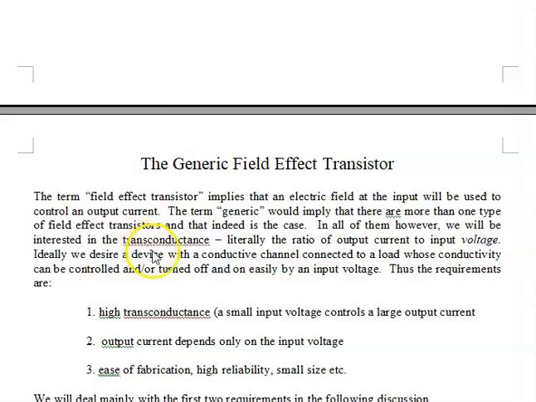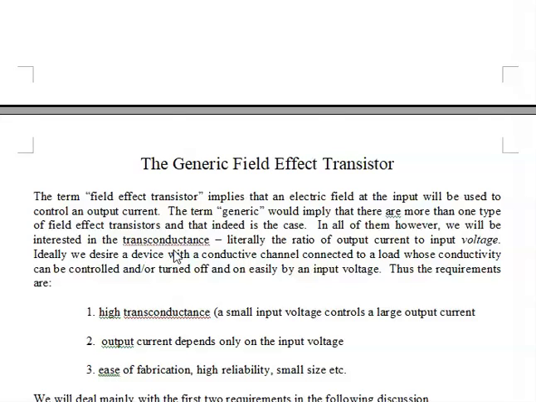Now, if you take this term apart, conductance is just the inverse of resistance. Go back to Ohm's law: the resistance is equal to the voltage divided by the current. The conductance is equal to the current divided by the voltage. Just flip it on its side. And transconductance implies that the current we're talking about is the output current, the IDS, the source to drain current, and the voltage is the input voltage.